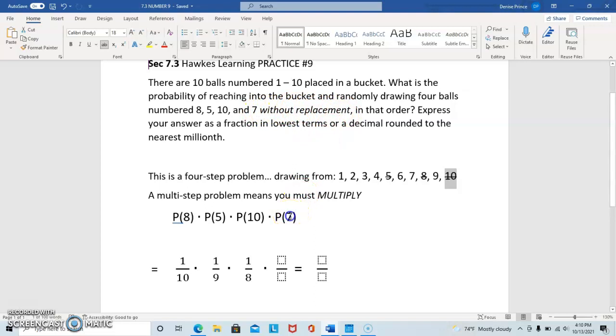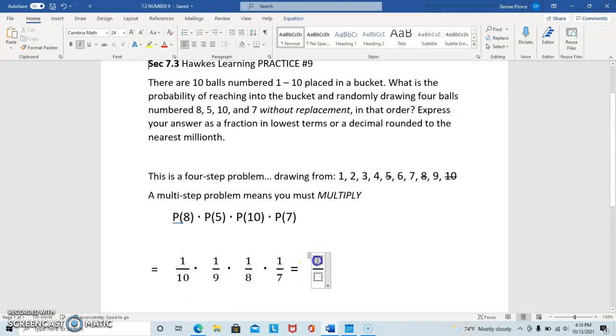The last ball we're looking for is the 7. Right here, 7. How many 7s are there? Well, there is 1 7 out of 1, 2, 3, 4, 5, 6, 7 balls left in the bucket. So notice we started with all 10 balls, 1 through 10, then we dropped down to 9, 8, and 7.